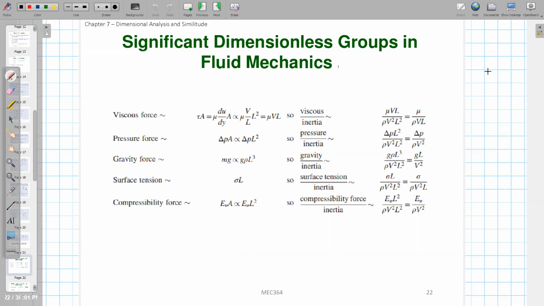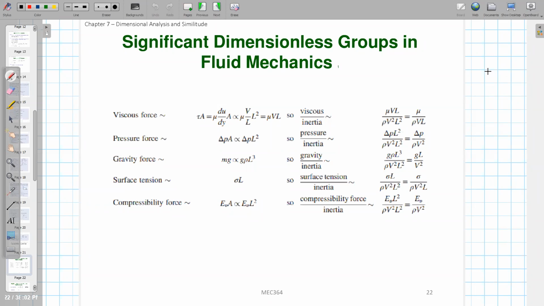In the last lecture, we introduced dimensional analysis using the Buckingham pi theorem. If we apply the Buckingham theorem to a problem, even without knowing any physical laws, just by analyzing the fundamental dimensions of all the input and output parameters, we can reduce the problem to several dimensionless parameters.